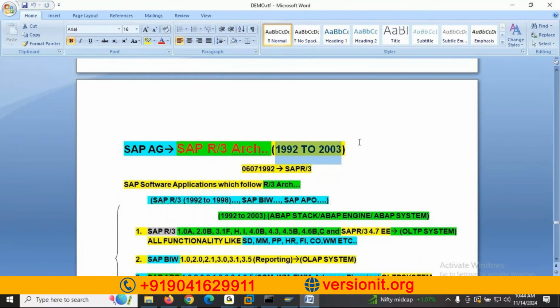Once you understand the architecture of these applications, we will start the software applications designed between 2004 till date. Firstly, we are going to understand the software designed in this period, and we have understood that they follow the R3 architecture, or R by 3.